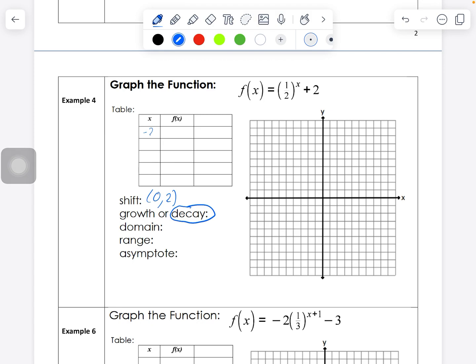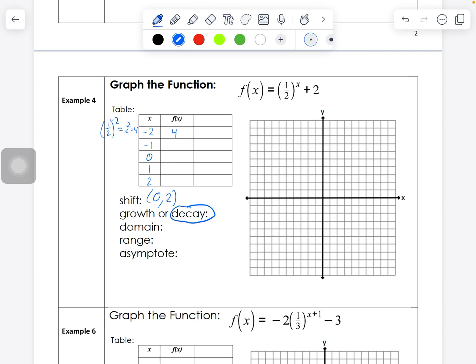Same x values, -2, -1, 0, 1, 2. The f of x values, though, are going to be a little different this time, because when you take 1/2 to the -2 power, then you flip it, and it becomes 2 over 1 squared, and we know 2 squared is just 4. So now 4 is here.